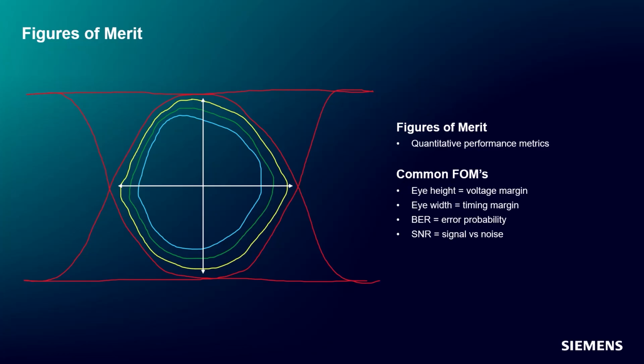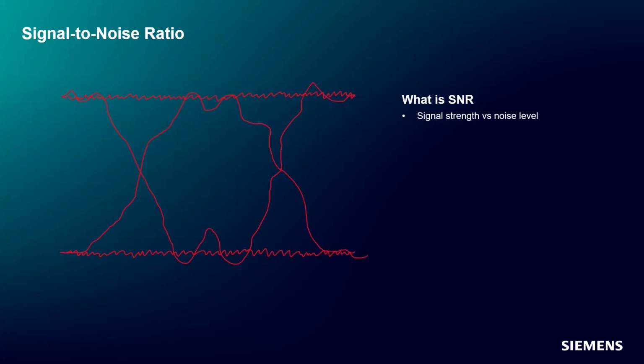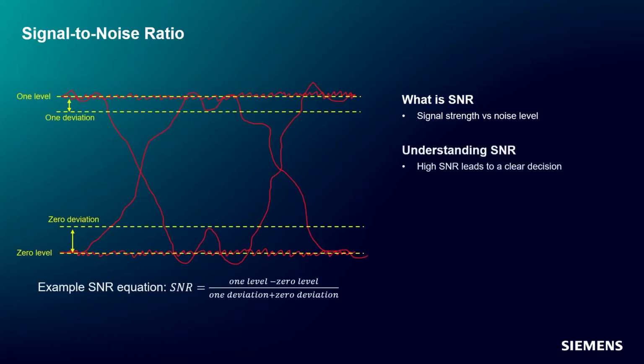Let's take a look at the final channel metric we'll discuss, signal-to-noise ratio. SNR compares the strength of the desired signal to the level of noise present in the system. A higher SNR means the signal is much stronger than the noise, making it easier to distinguish between logical ones and zeros. A lower SNR means the noise is comparable to the signal, increasing the likelihood of incorrect decisions.